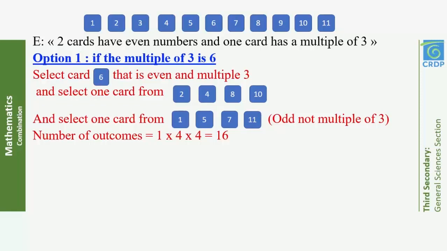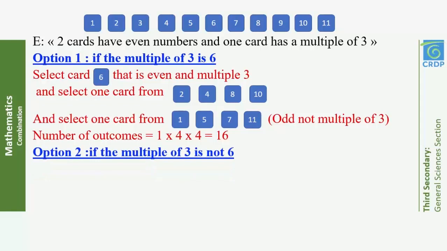The second option is if the multiple of 3 that is selected was not 6. So if the multiple of 3 is not 6, I need 2 different even cards that are not 6, and I will also need one odd card that holds a multiple of 3.